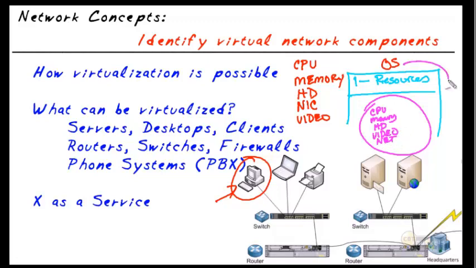And when the operating system boots up, instead of actually looking at what it thinks it's looking at as hardware and resources, it looks at this list. So we could just create a list and have an operating system look at the list and say, oh, great, I've got this CPU and this memory and this hard drive and this video and this network interface card. And we could fool it.